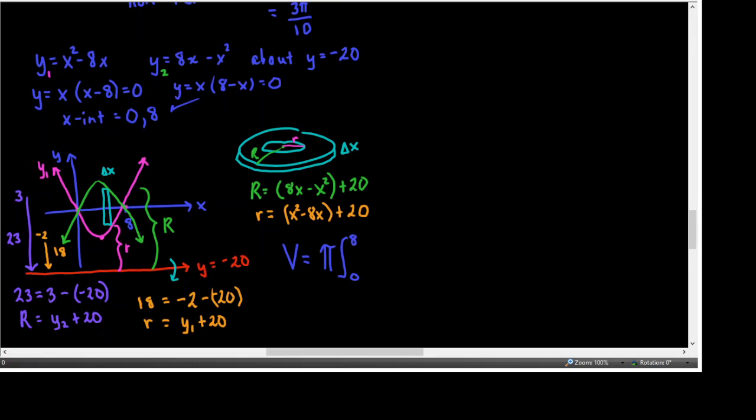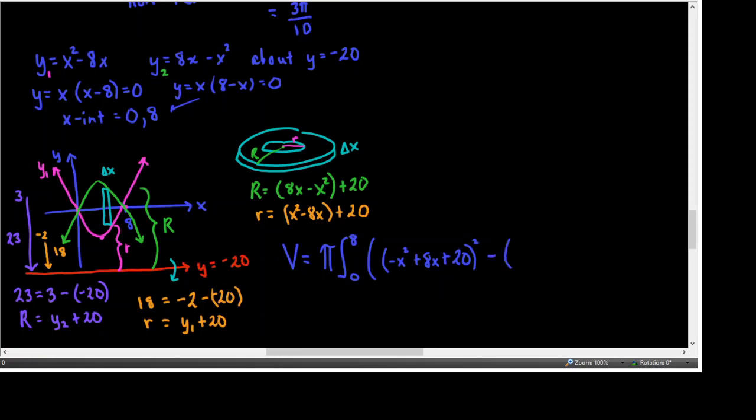Those are the two x-intercepts, which defines the region, everything between those two, of big R, which is negative x squared plus 8x plus 20, squared, minus little r squared.